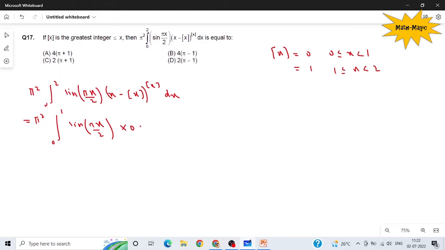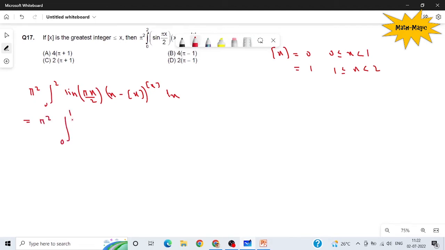So this is x minus 0, raised to 0, so it's going to be 1.